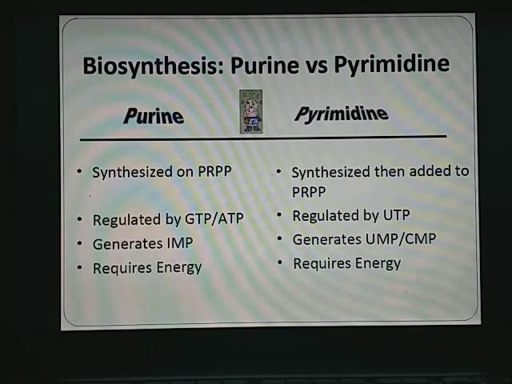But the pyrimidine ring is synthesized separately, and then it gets attached to ribose 5-phosphate from phosphoribosyl pyrophosphate. Purine synthesis is regulated by GTP and ATP. Pyrimidine synthesis is regulated by UTP. Purine synthesis generates inosine monophosphate, and pyrimidine synthesis generates uridine monophosphate and cytidine monophosphate. Both of them require energy.